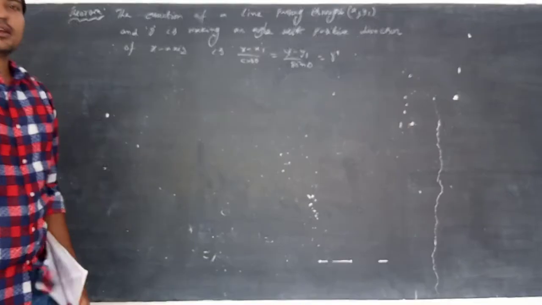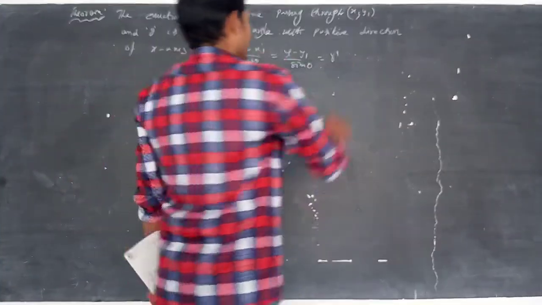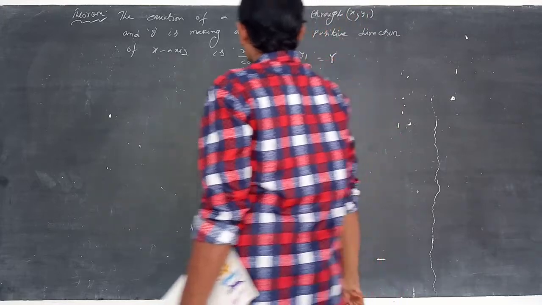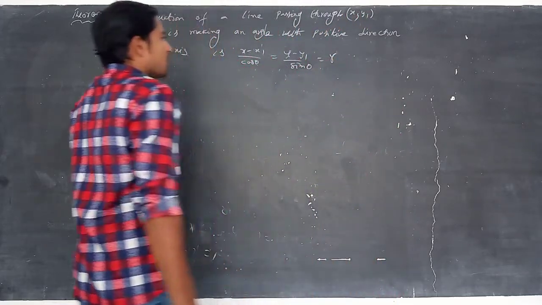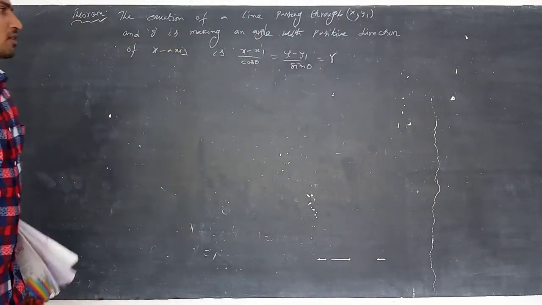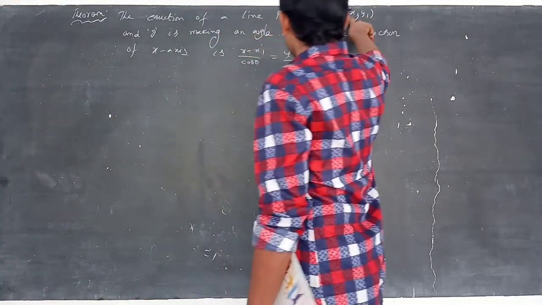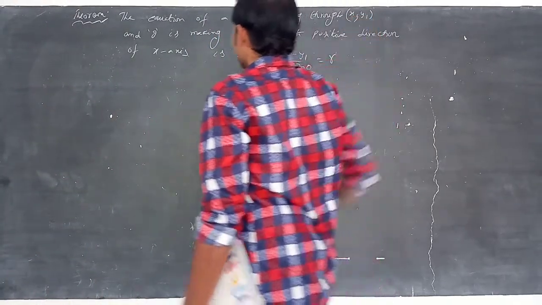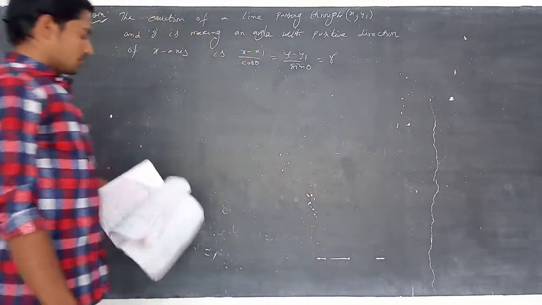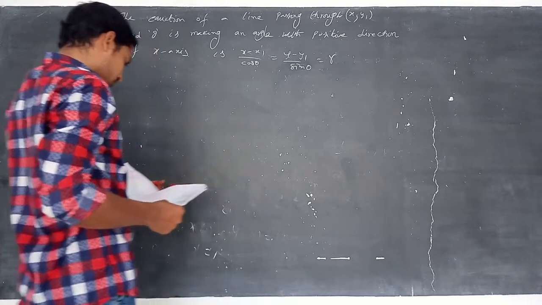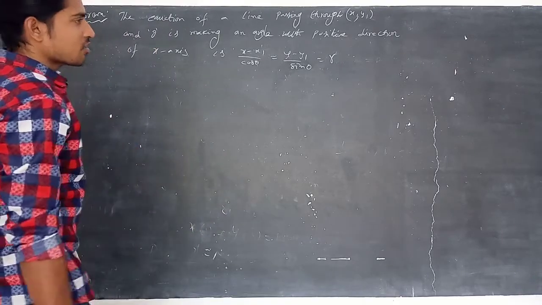R is the distance between the point x1 y1 and any other point, the direct distance.